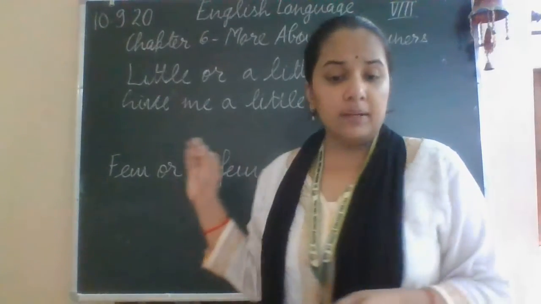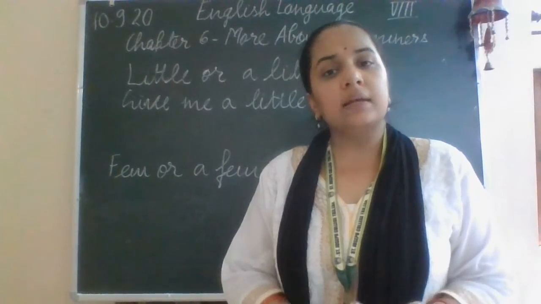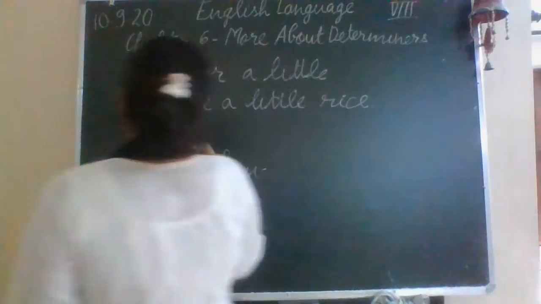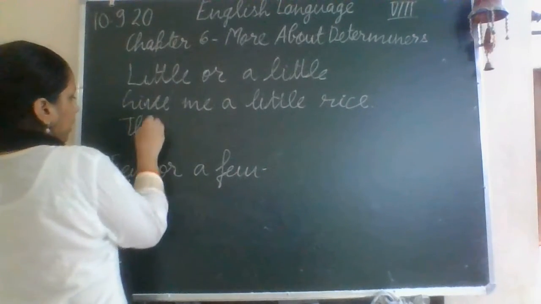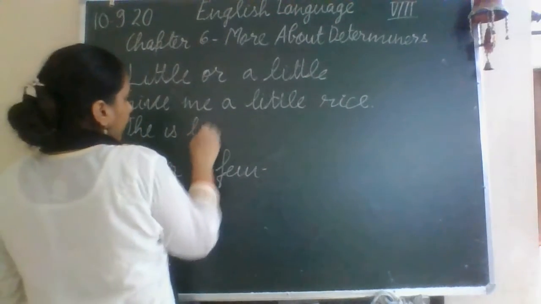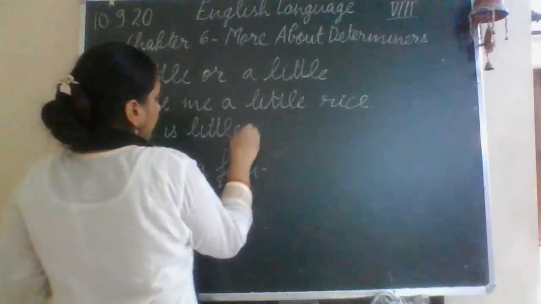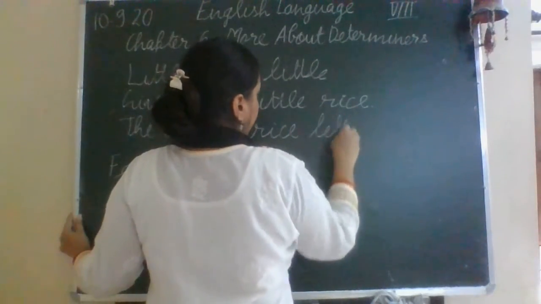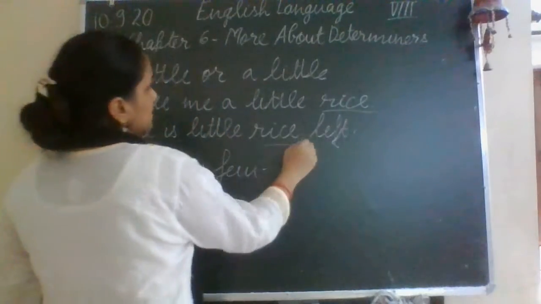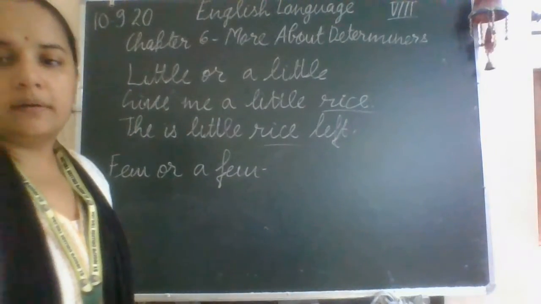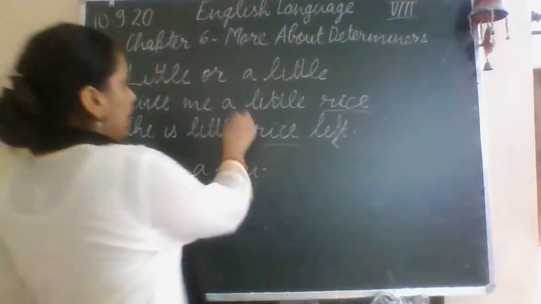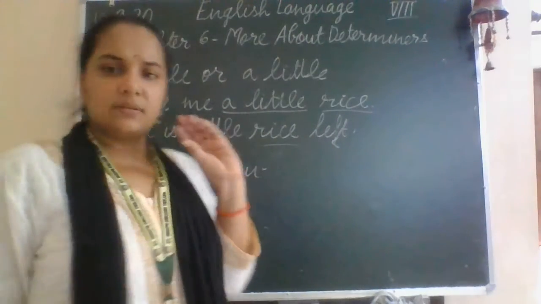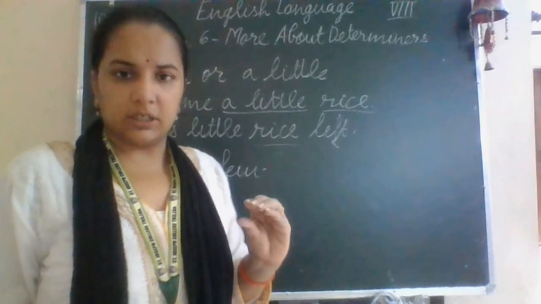For example, you can say there is little rice left. See, at both the places we are talking about the rice. Here, a little means that you want in small quantity.